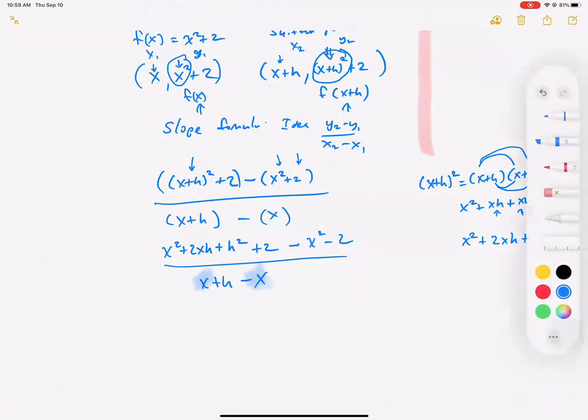On the top, I want you to find some like terms: x squared, negative x squared, positive 2, negative 2. Those will all subtract out, and we're left with 2xh plus h squared all over h.